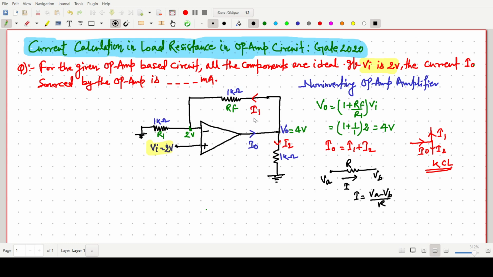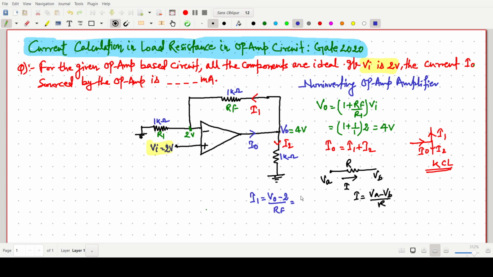So I1 can be written as V naught minus 2, divided by RF.